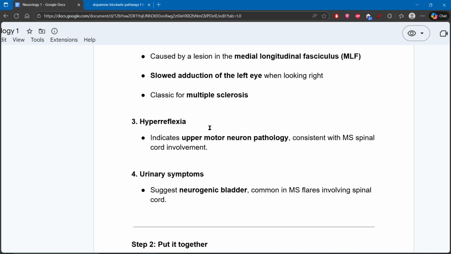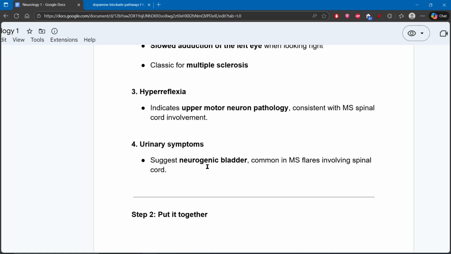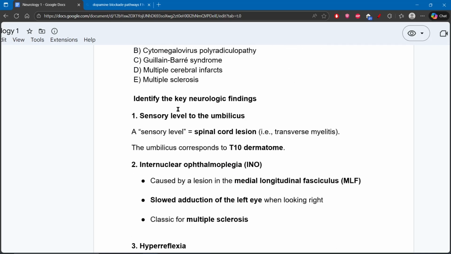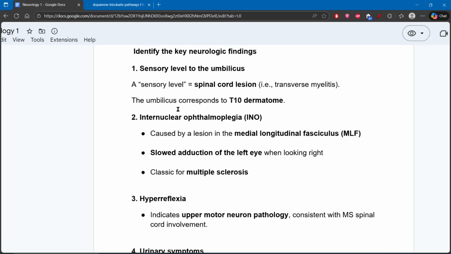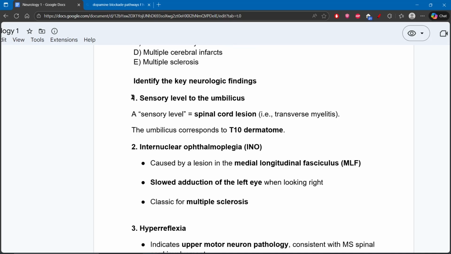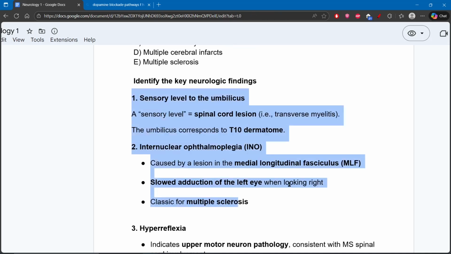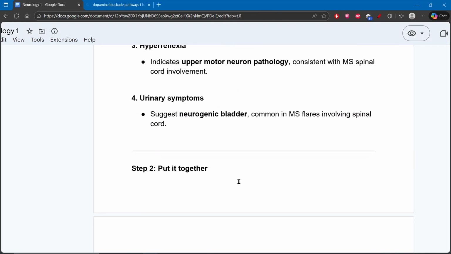There is also hyperreflexia, which is an upper motor neuron pathology, also consistent with the spinal cord involvement of multiple sclerosis. And a neurogenic bladder is also given, which is common in MS flares. These are the key findings given in the question, and all of these are very high yield, you must know all of these.